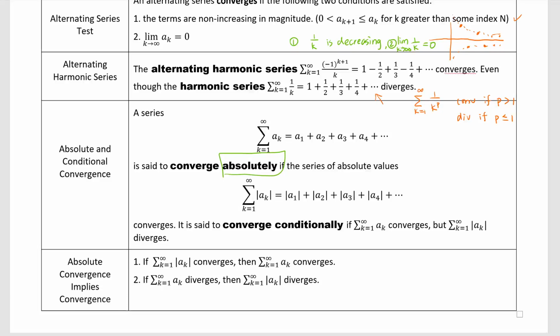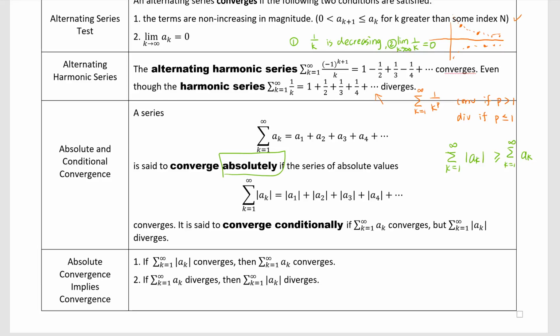You can see the series of the absolute value of a sub k is greater than or equal to the series of a sub k, right?